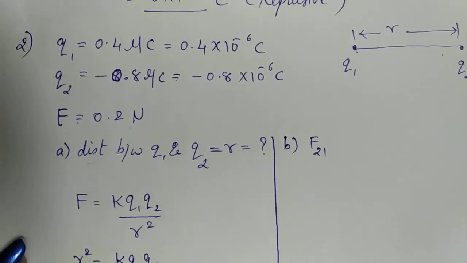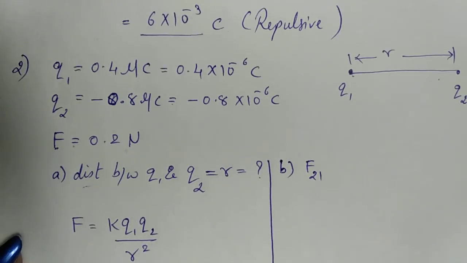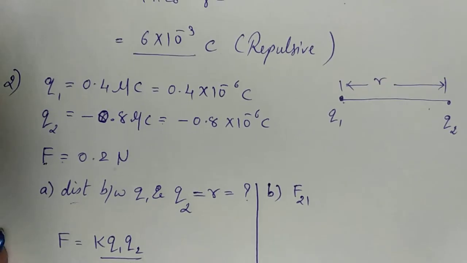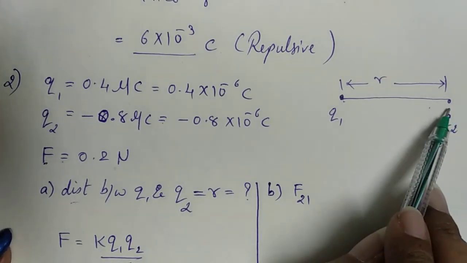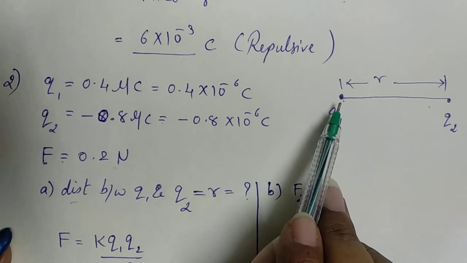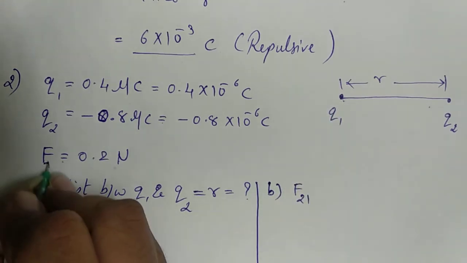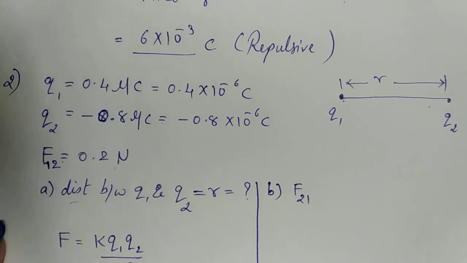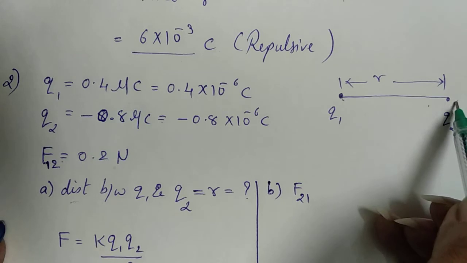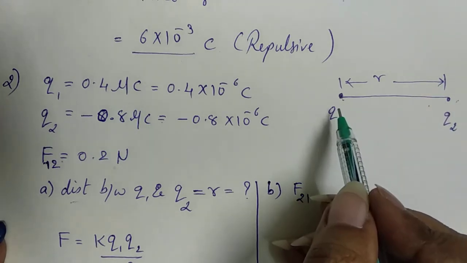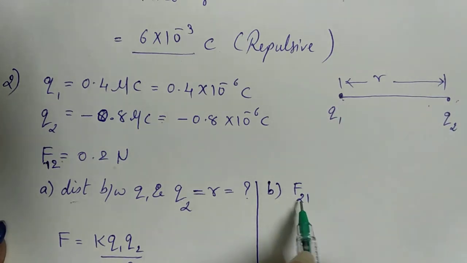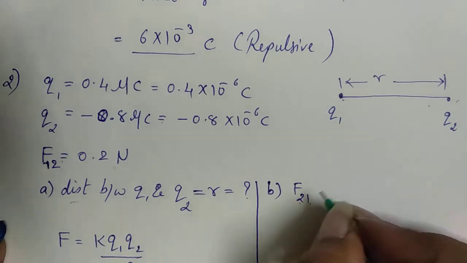In the next portion of this numerical, they are asking you to calculate the force acting on the second sphere by the first sphere. They have given you the force acting on the first sphere by the second one. So now they are asking you to calculate the force acting on the second sphere by the first one. I have written the name of this force.